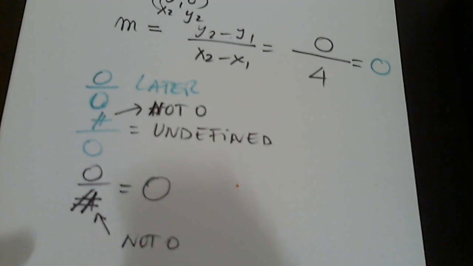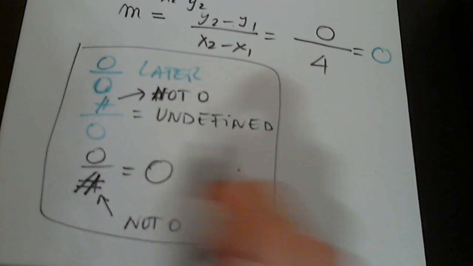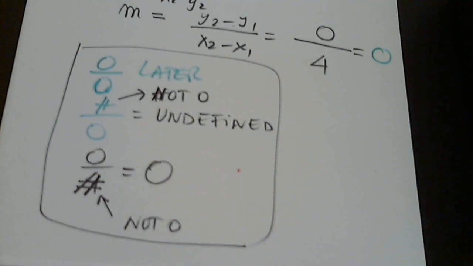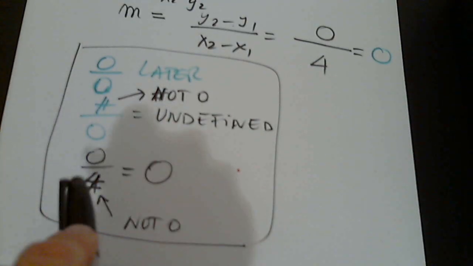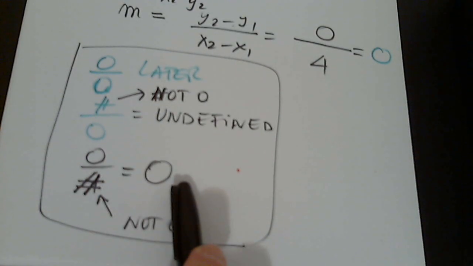This is always 0. So please remember these 3 things. 0 over 0 is a huge thing later on. A number over 0 is a tragedy. And 0 over any number but not 0 is 0.